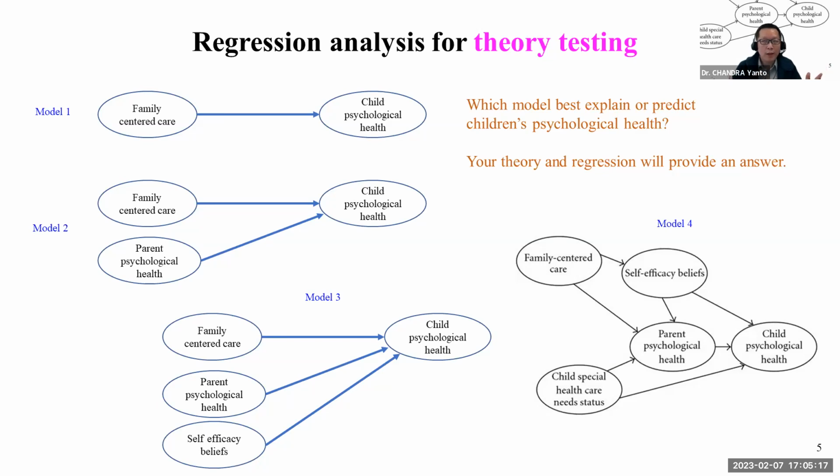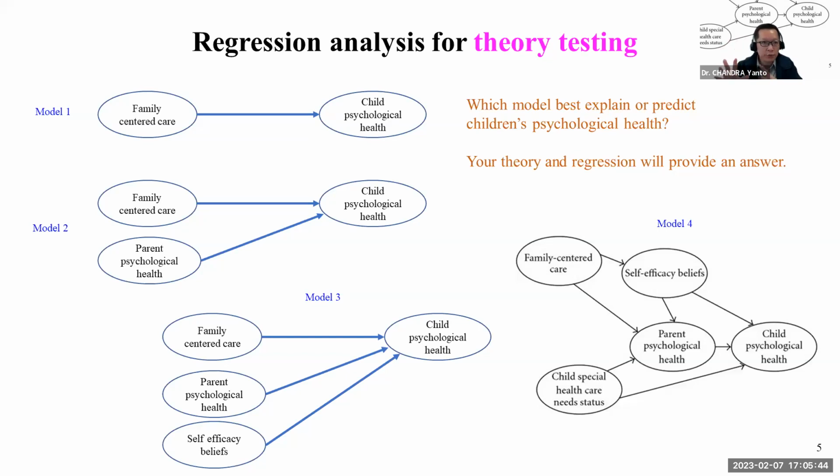you are interested in what makes children have a healthy psychology. Psychological development of children is very important. And you might have a theory from the literature that you read just now that when the parents provide very family-centered care, which means that the family plays a lot of role, then this will increase the children's psychological health.